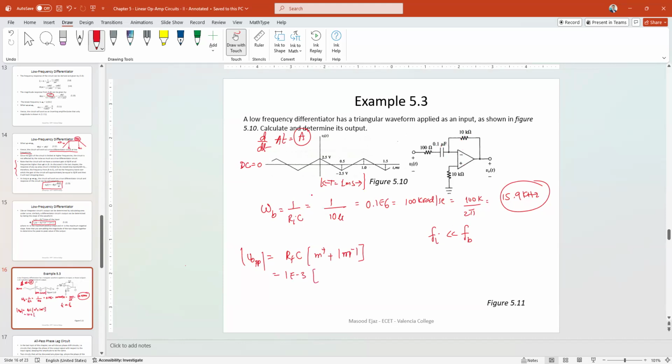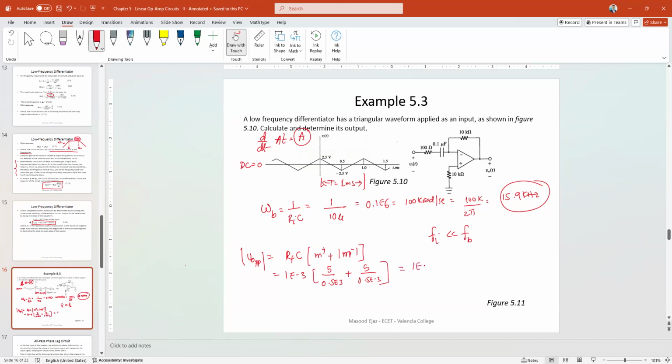And what will be the positive slope? From -2.5 to 2.5 divided by 0.5 millisecond. So 5 divided by 0.5 milli. And the same thing for the negative slope, just the magnitude, 5 divided by 0.5 exponent -3.